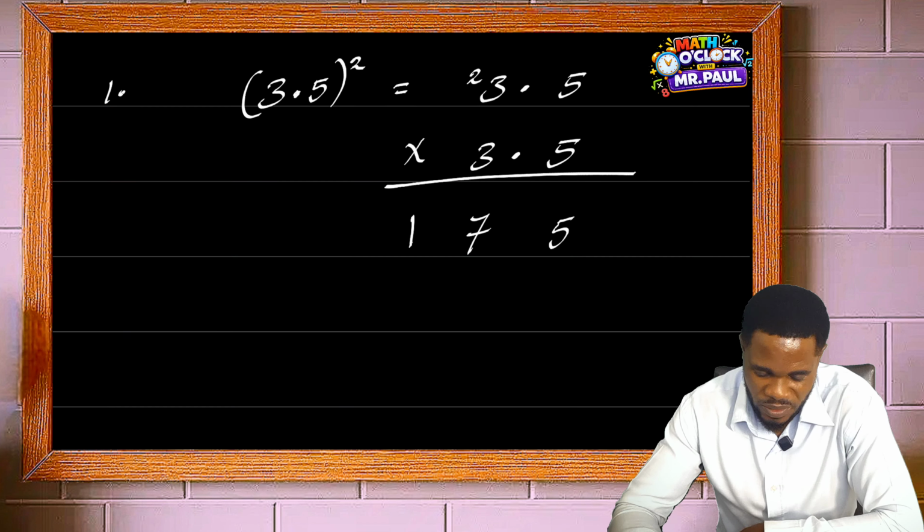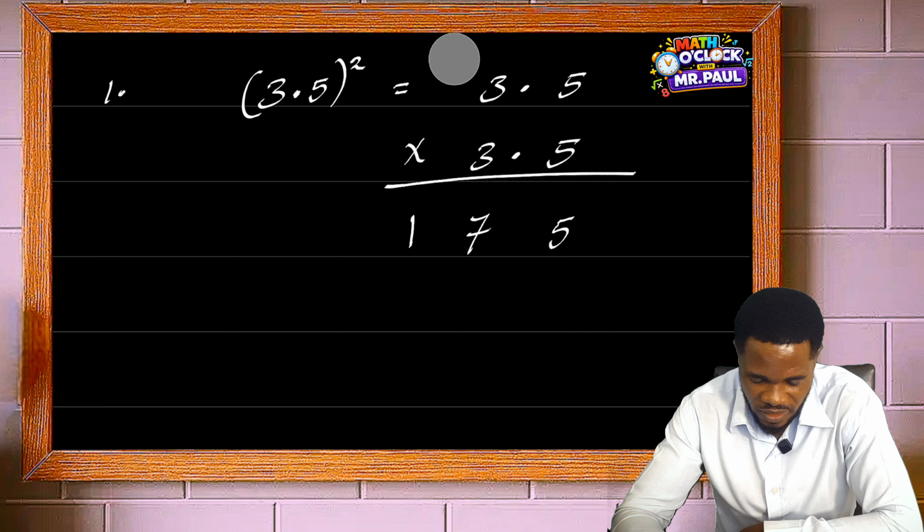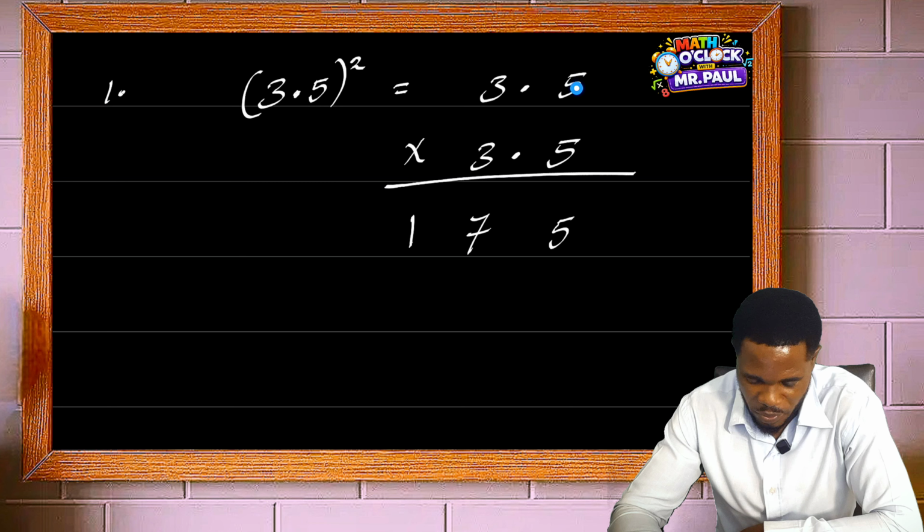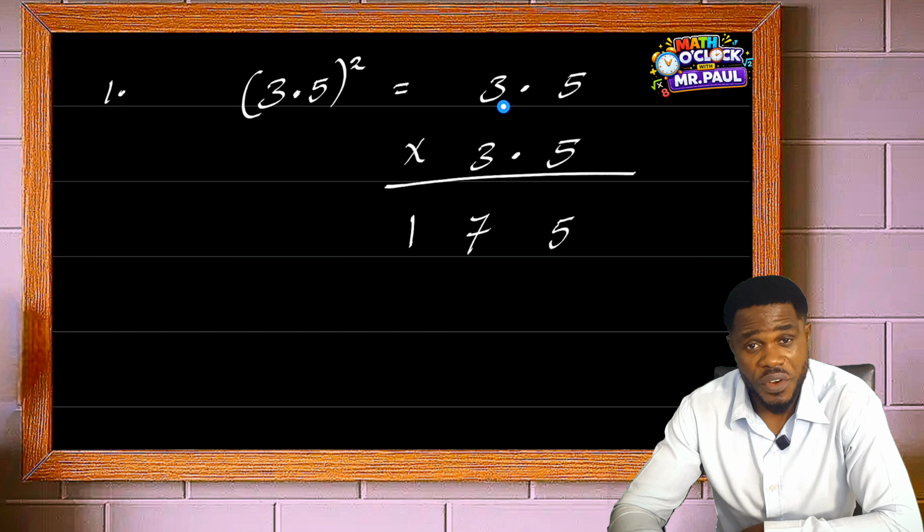Now that we are done with this, let's erase this number that we brought forward here. Then we continue with the next digit, which is 3. We've used 5 to multiply 3.5. Now we are going to use 3 to multiply 3.5 as well.